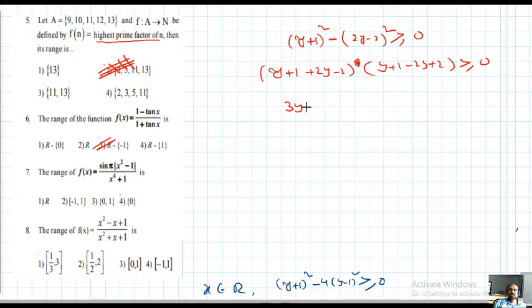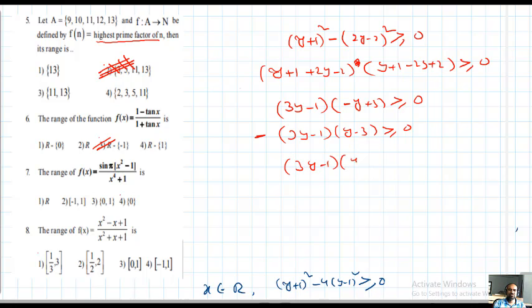So here (3y minus 1) into (minus y plus 3) greater than or equal to 0. To use the wavy curve method, you don't want minus in front of variables. (3y minus 1) into (y minus 3), just I took minus common, greater than or equal to 0. Multiply minus on the other side, so (3y minus 1) into (y minus 3) becomes less than or equal to 0.